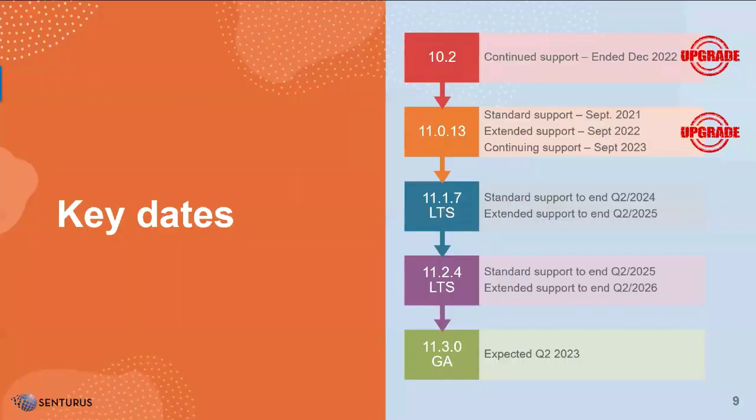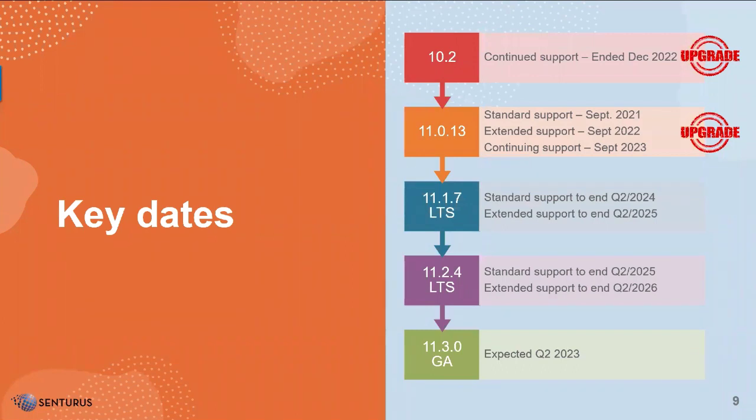So just to highlight some of these key dates, 10.2 support, looks like there was maybe one or two people in the poll who were still on Cognos 10. That support ended just this past December. They kept bumping it out. They added like 3 additional years. So if you're running that version, it is time to upgrade. You're no longer supported.